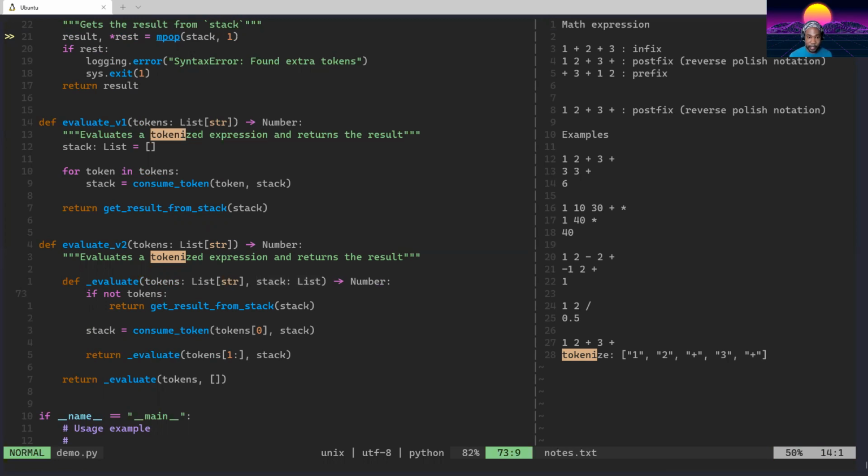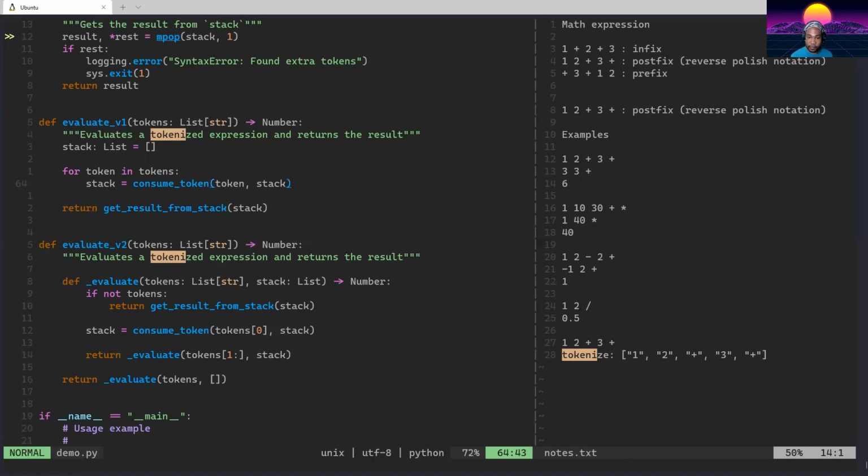Well, if we run out of tokens, then we get the result from the stack, right? Same thing we did up here. Once we've finished going through tokens, we get the result. If we do have tokens, then we work on the current token. We consume the current token. It's exactly what's happening here, right?